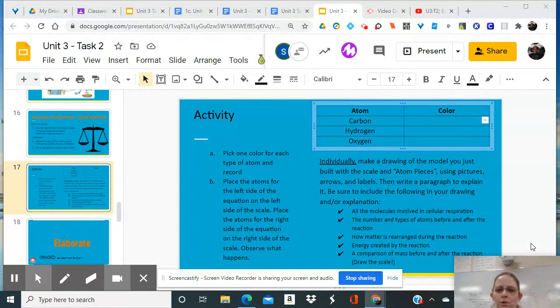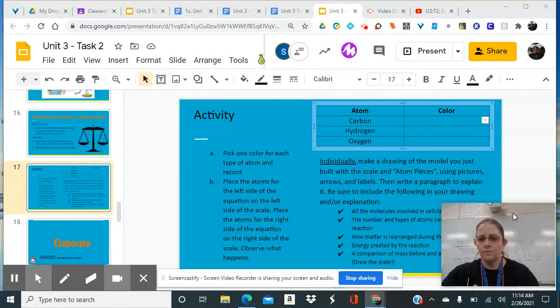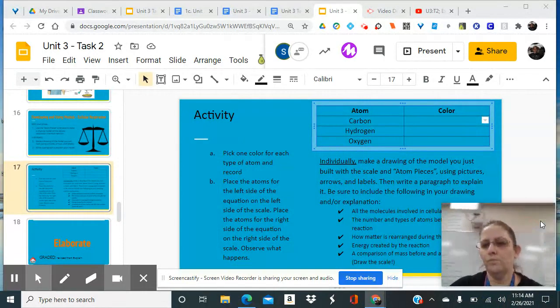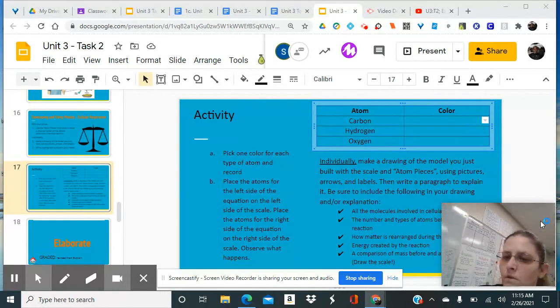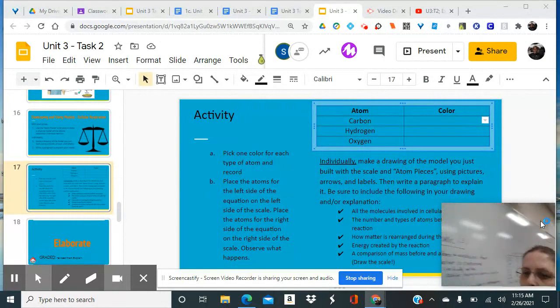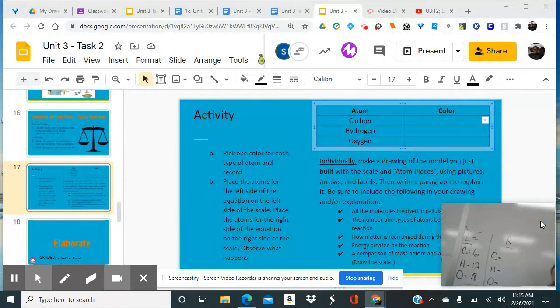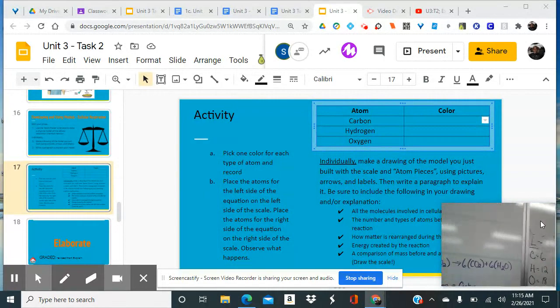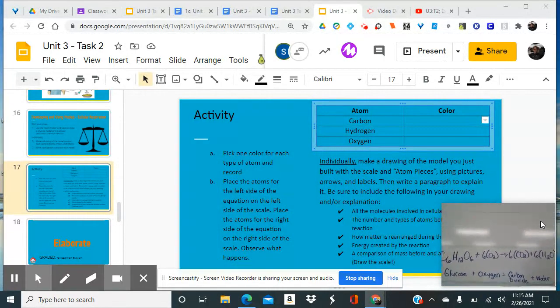So what I'm looking for, and I'm going to show the screen. What I'm looking for is here, okay, we wrote down on the left side, this is our equation. Okay?